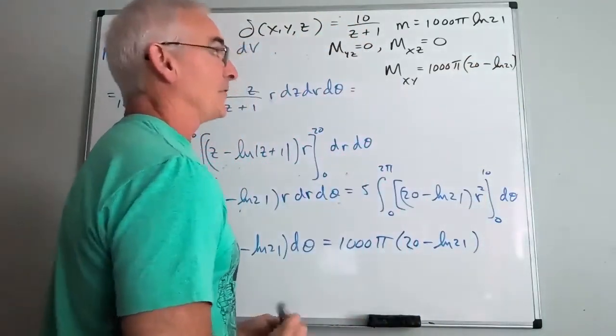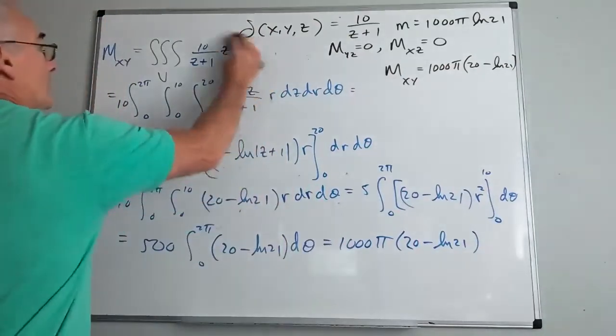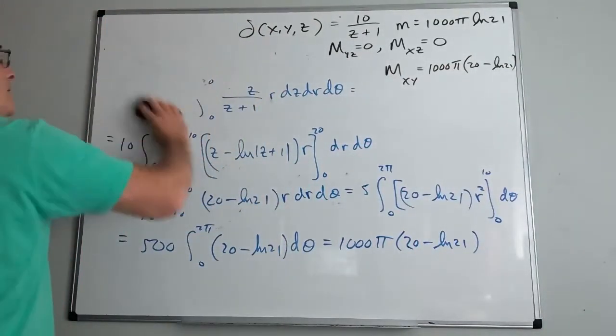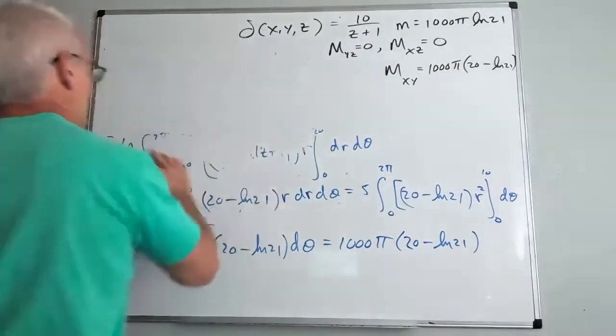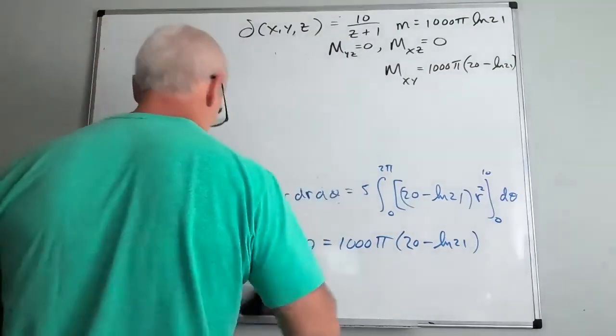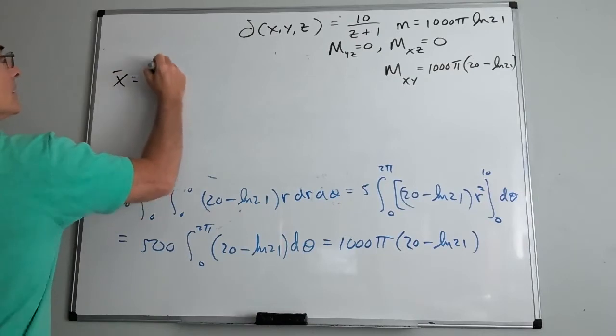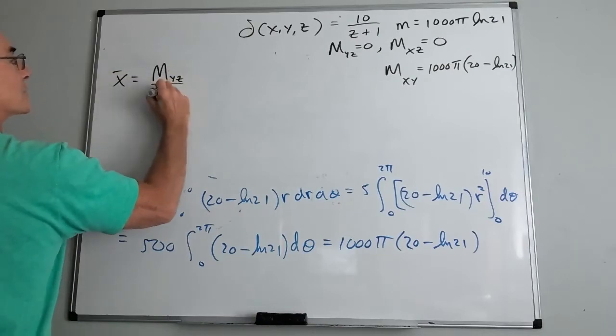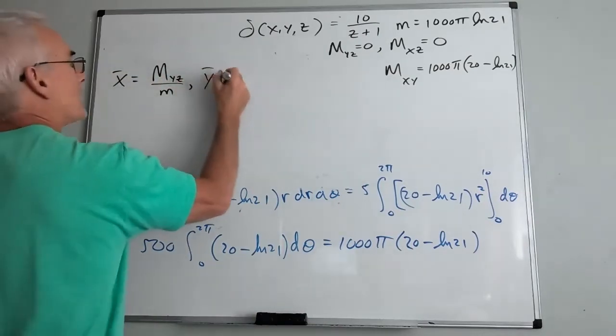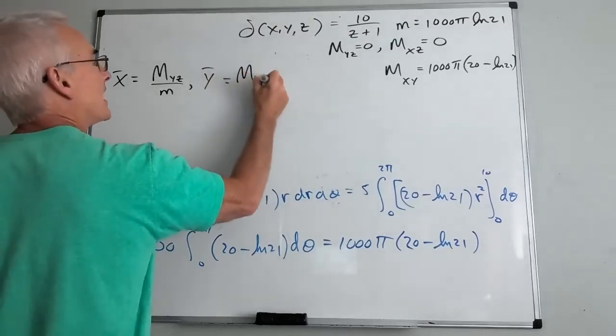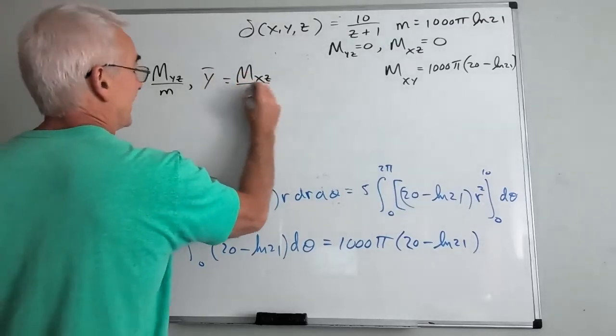Now, we need to find our center of mass. So what we know is that x bar is the moment to the YZ plane over little m. We know that y bar is the moment to the XZ, I said axis, sorry, plane.